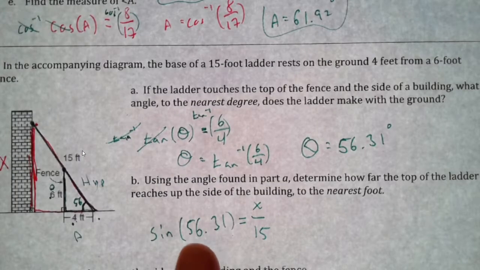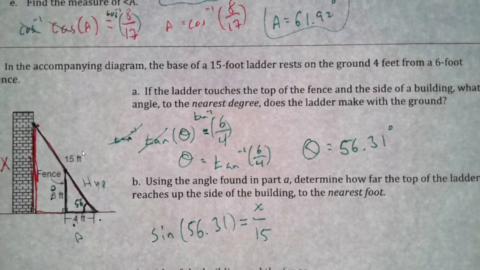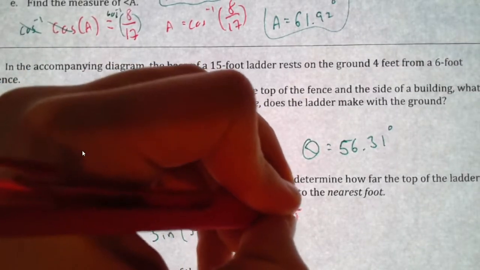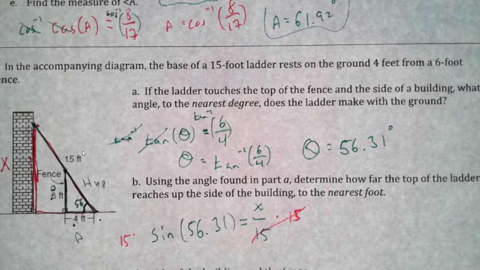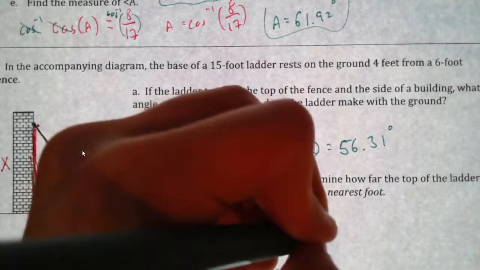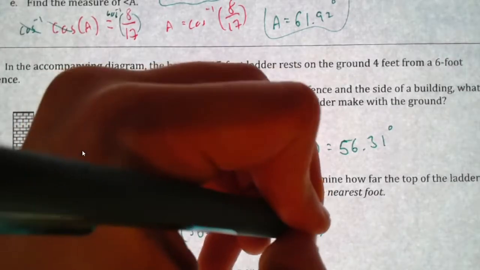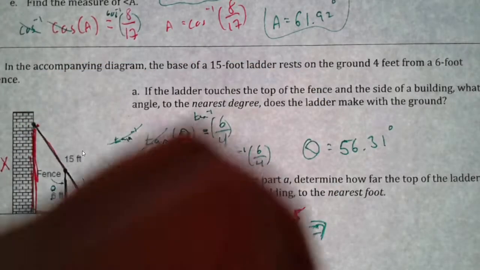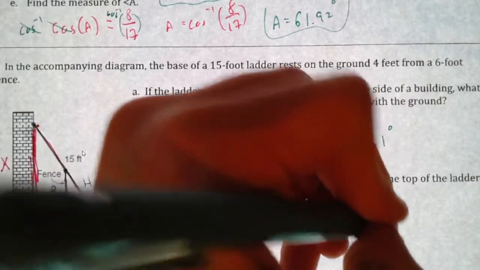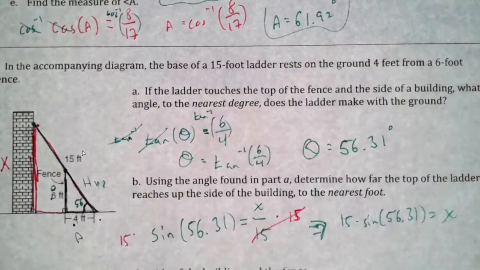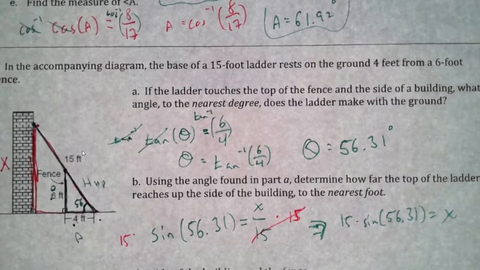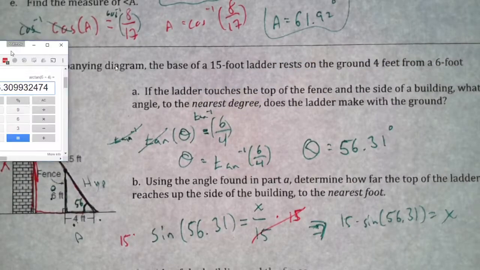This time my angle I do have, so I'm just going to do regular old algebra here. I'll multiply both sides by 15 to move that 15 over there, and I'm left with 15 sine 56.31 is equal to X. And once I've got the X all by itself, I can just plug this into my calculator again.